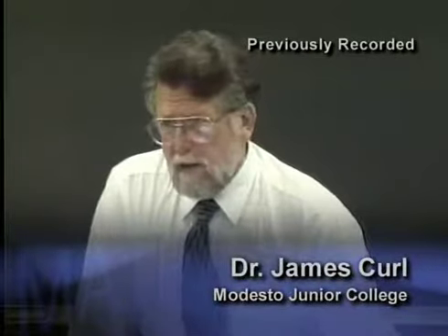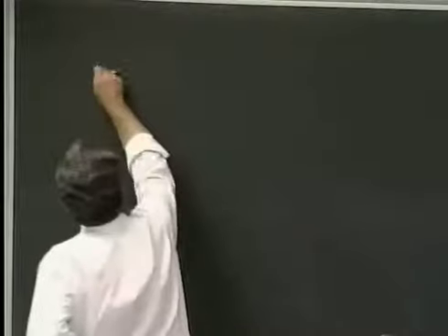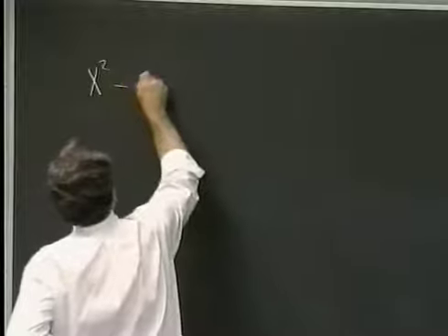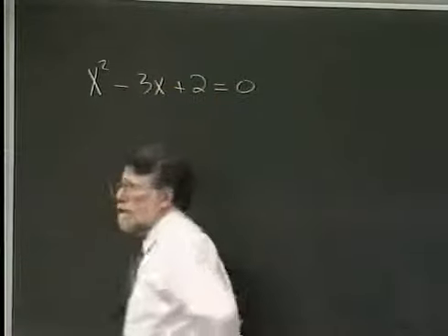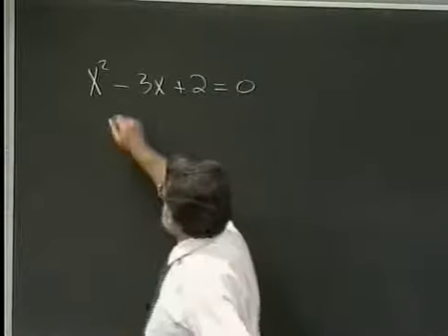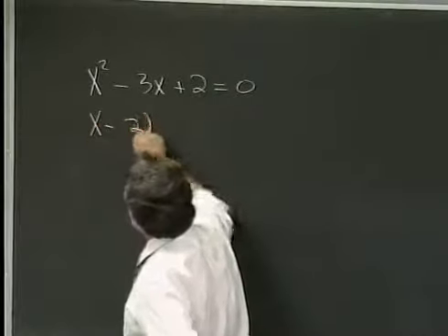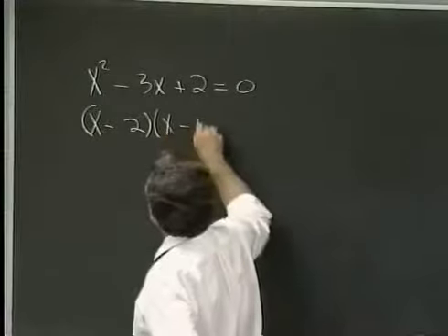And the answer is, so let's look at a few equations of the type. Let's say that I had x squared minus 3x plus 2 equals 0. You'd factor. x minus 2, x minus 1.